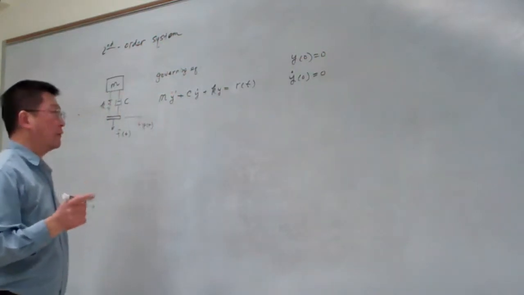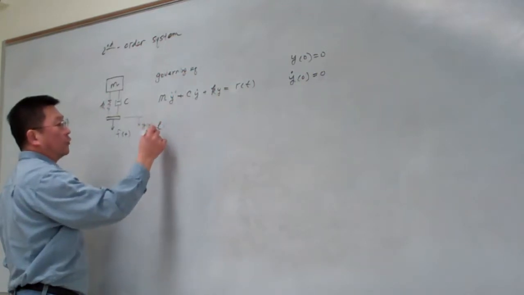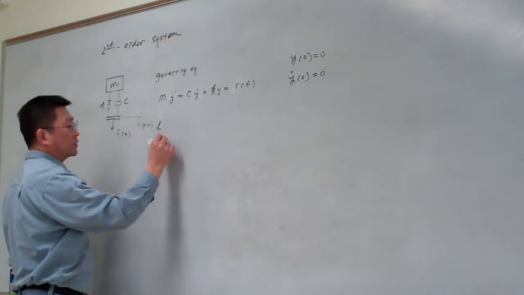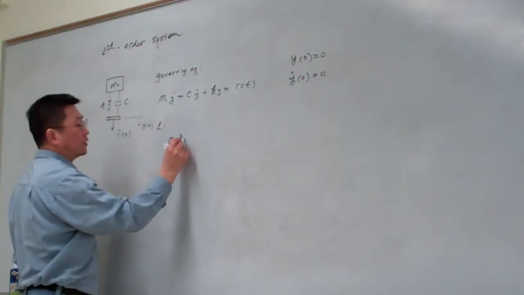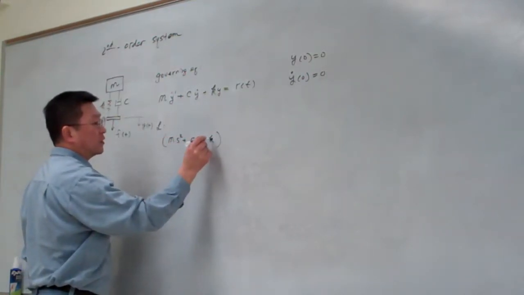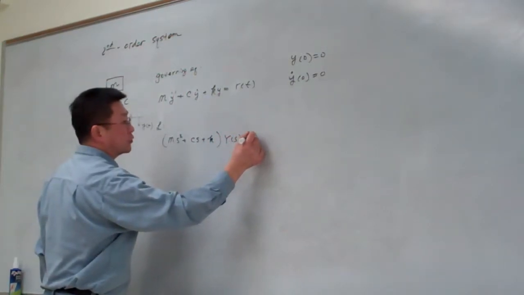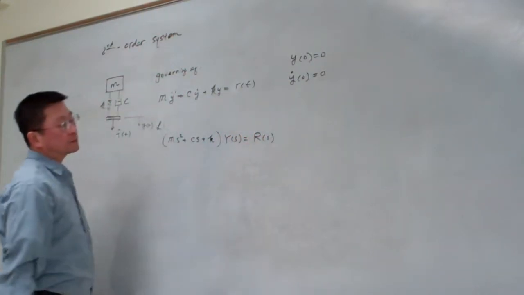Okay, and today we have handouts. So we take the Laplace transform of the whole equation, then we can obtain m s squared plus c s plus k. And here, let me skip over the detail, assuming you can do it. And this one basically equals R of s.